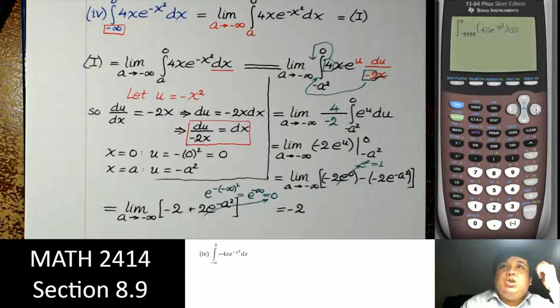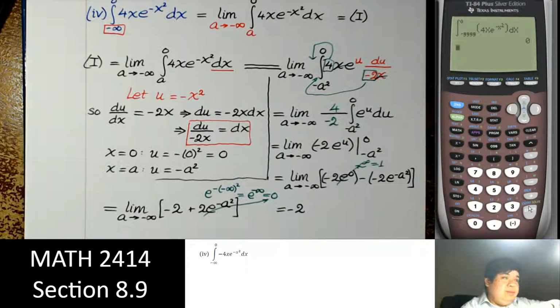This should be close to negative 2, if not exactly negative 2. Wait. Maybe that's too negative. I'm not sure what method they use, but that is too negative. Maybe even that is good enough.